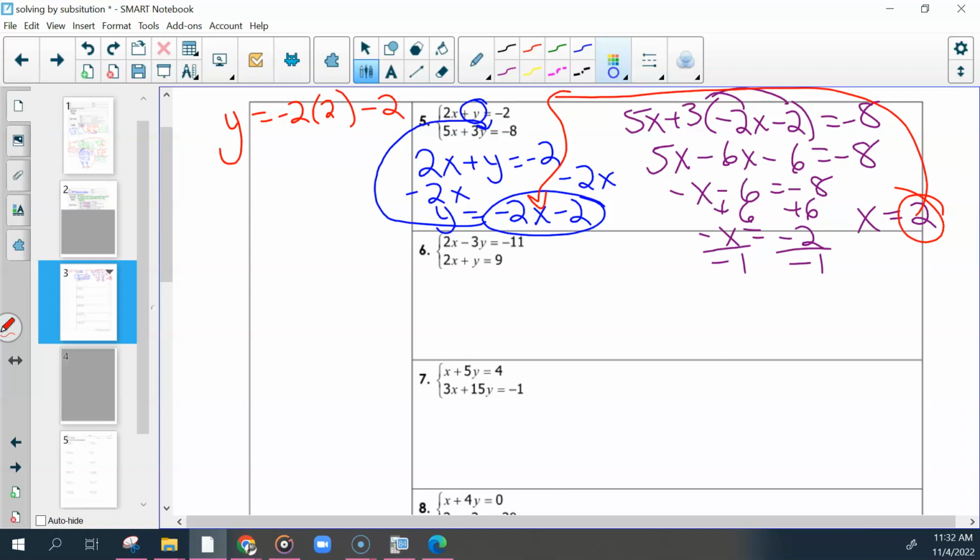So if we were to solve for y, this would become y equals -4 minus 2, or -6. And then our final answer would be 2, -6.